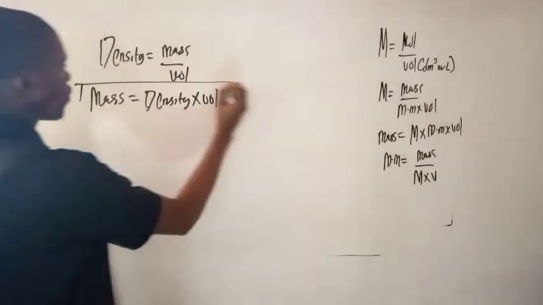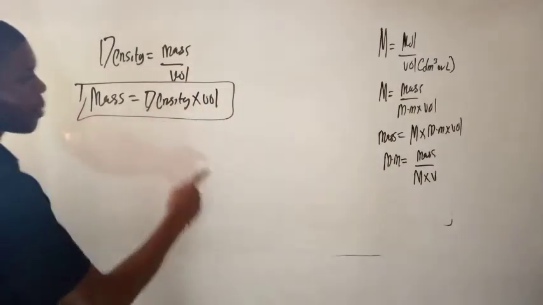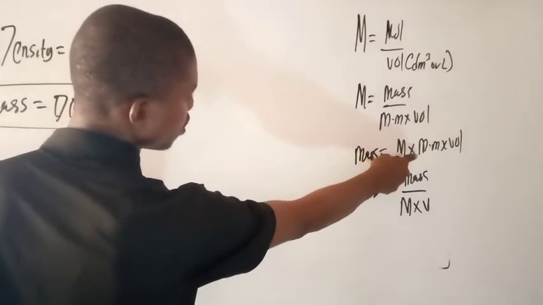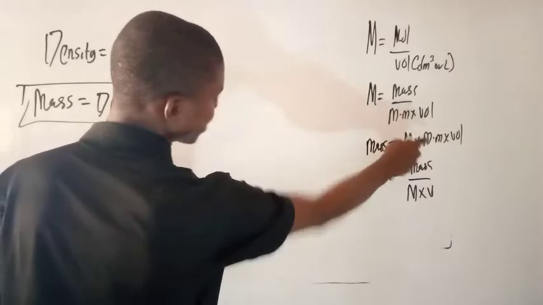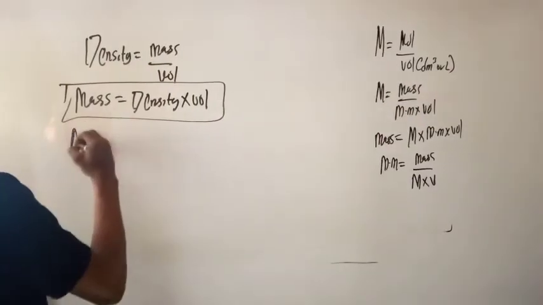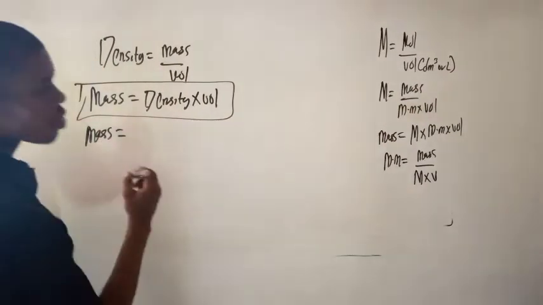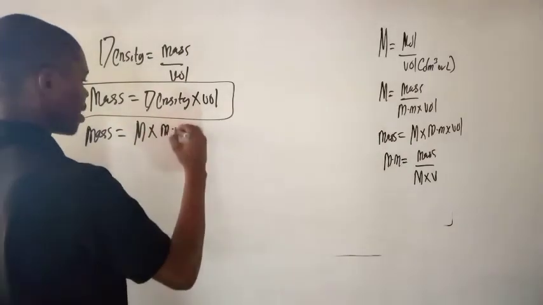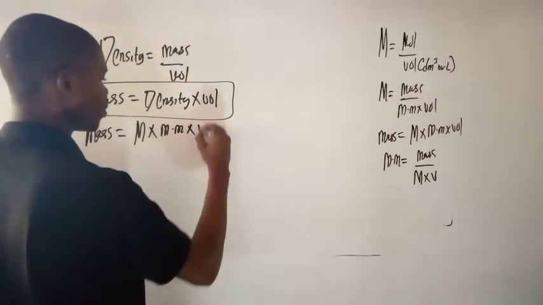So you can also use this formula. But remember here, mass equals molarity times molar mass times volume, right? So here we have mass equals molarity times molar mass times volume.